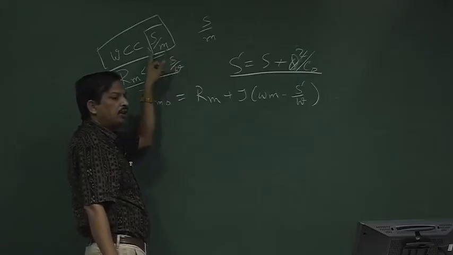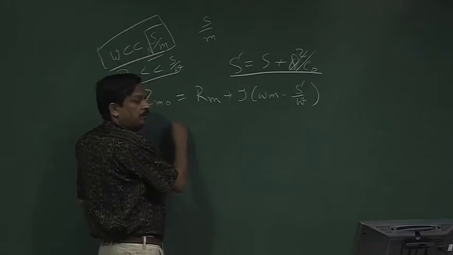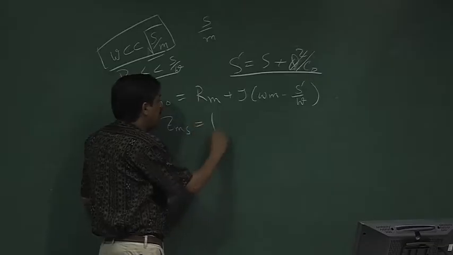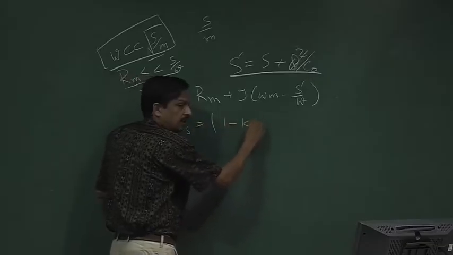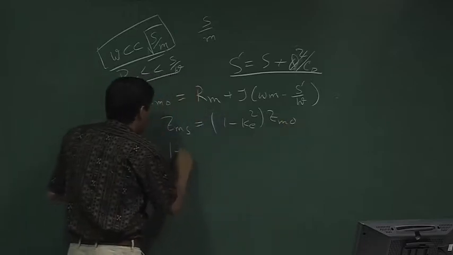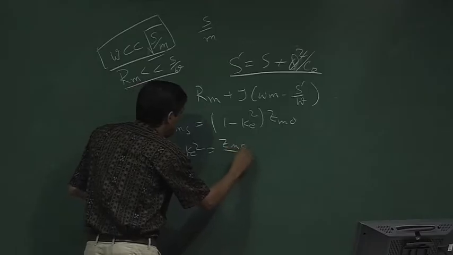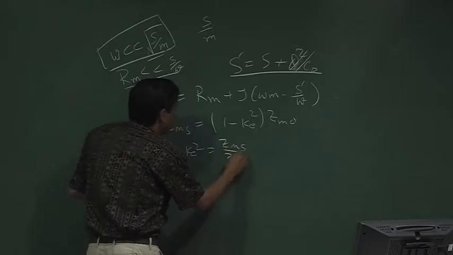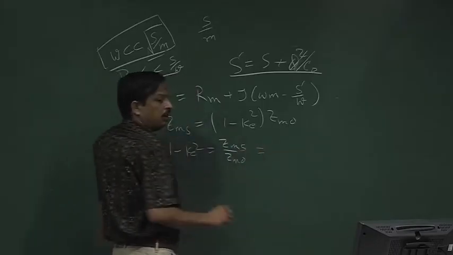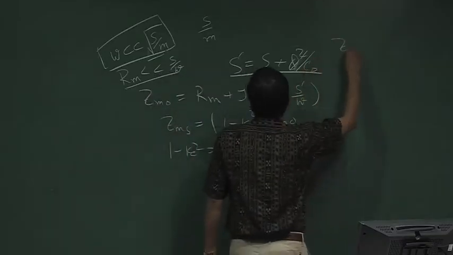So, if I consider these two limitations, then what is ZMS? ZMS is nothing but 1 minus Kc square into ZMO. Okay. So, I can say 1 minus Kc square is equal to ZMS by ZMO. I know what ZMS and ZMO are. ZMO is this one.